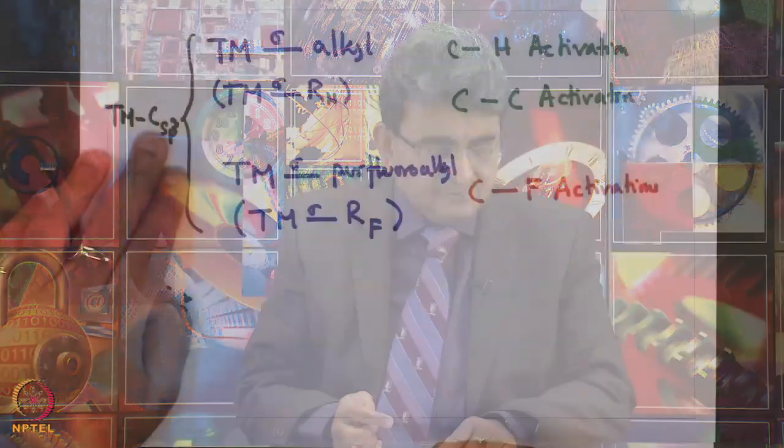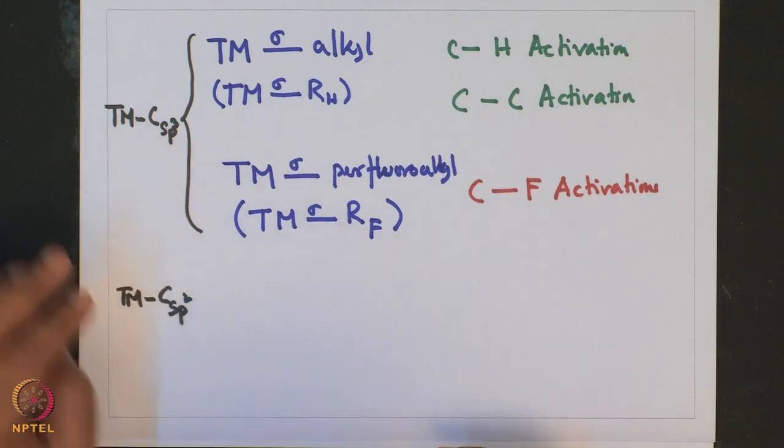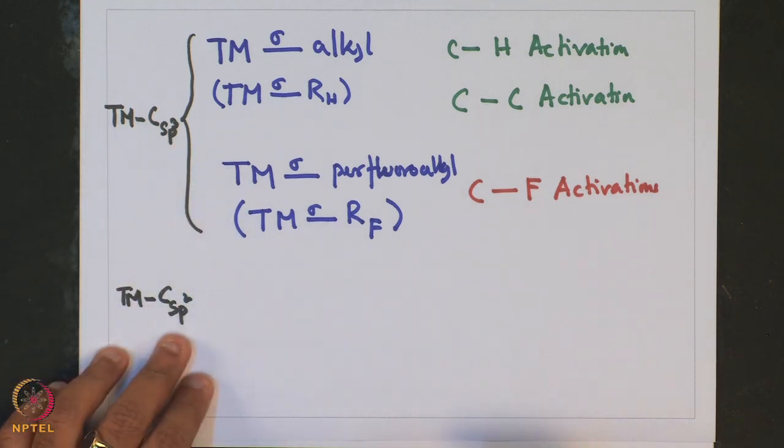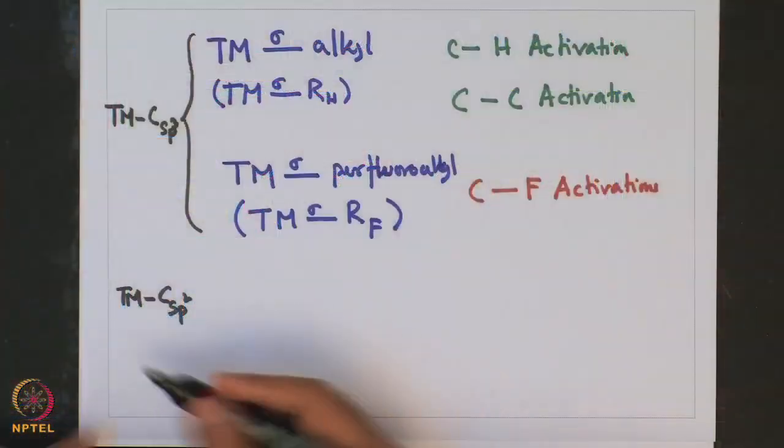In our earlier discussion on types of transition metal sigma alkyl complexes, we had shown that sigma alkyl complexes can have a carbon moiety which is of Csp3 type, Csp2 type, and also sp type.